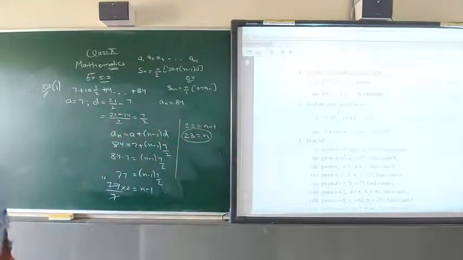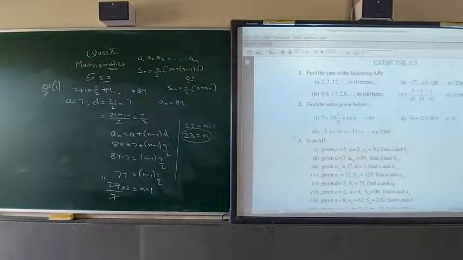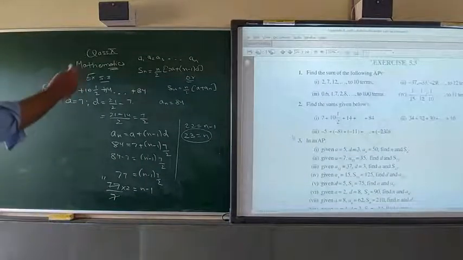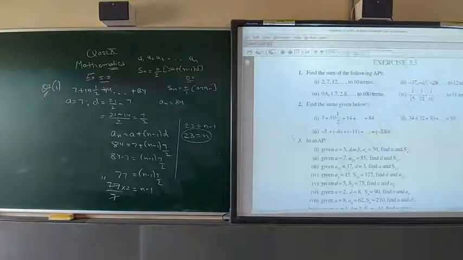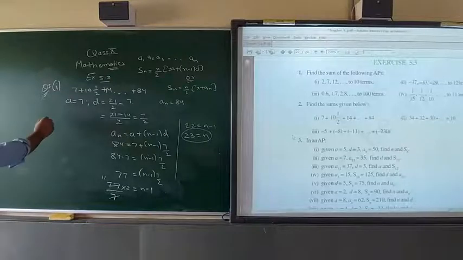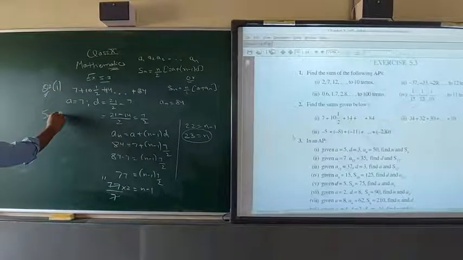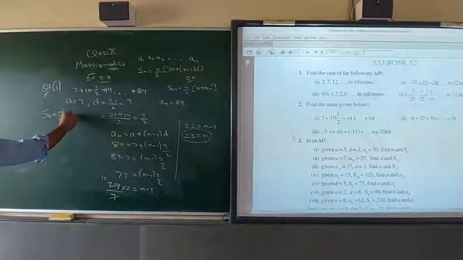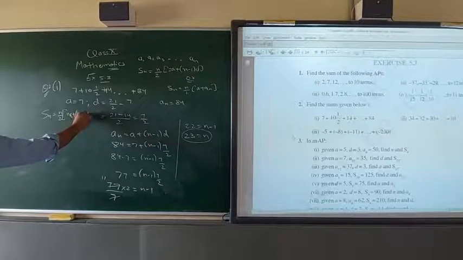So the value of n is 23. Now we will apply the formula Sn equals n by 2 (2a plus (n minus 1) d), and you will get the value of the sum.